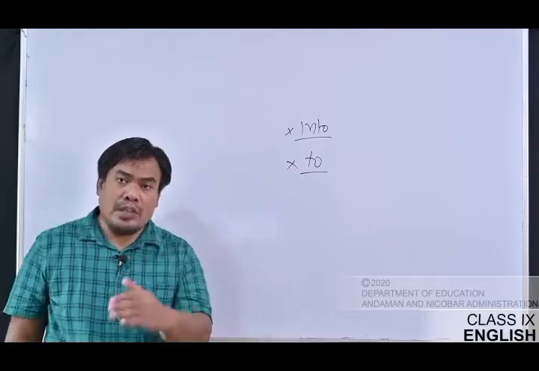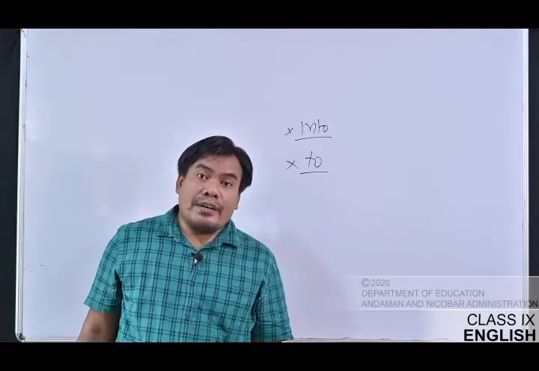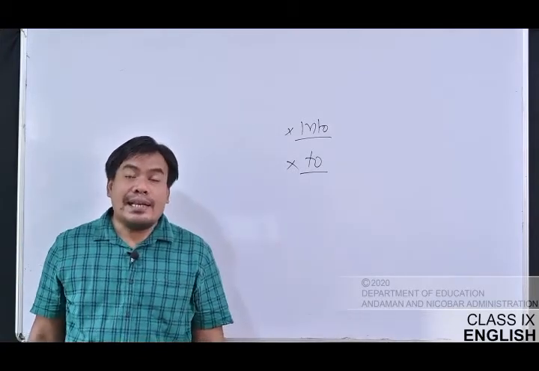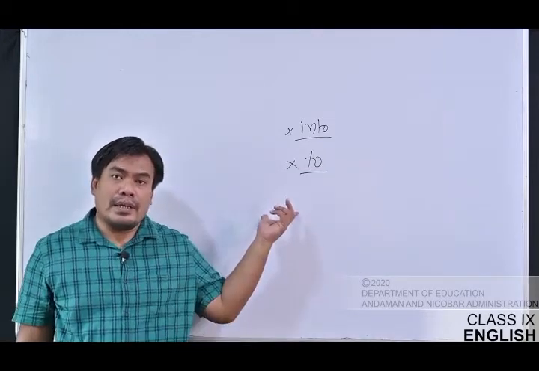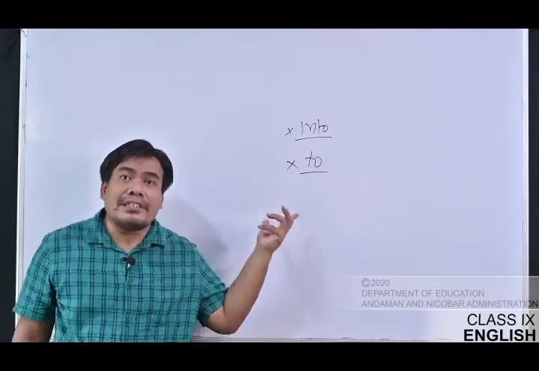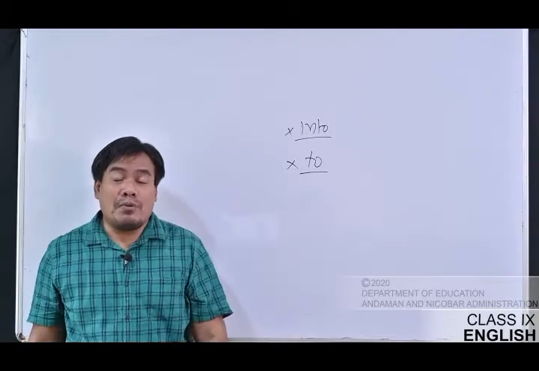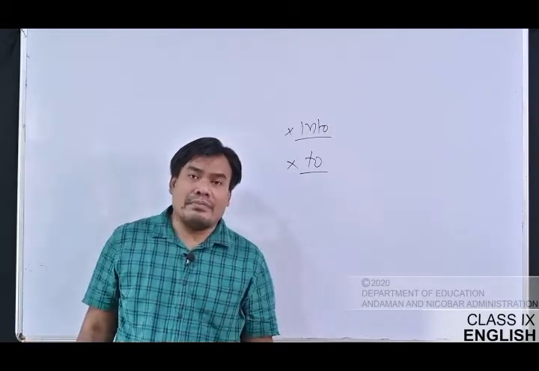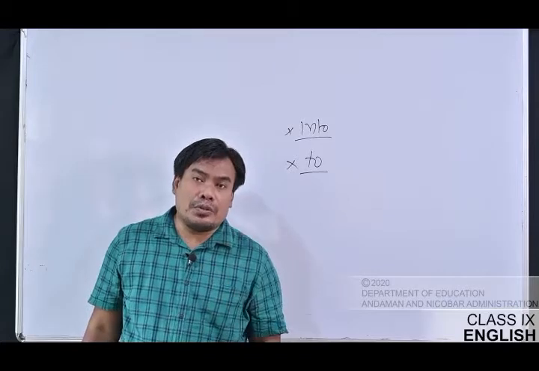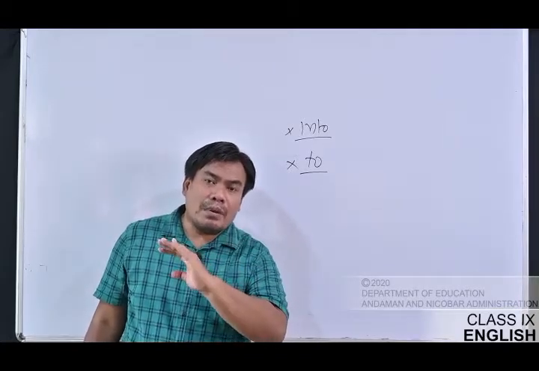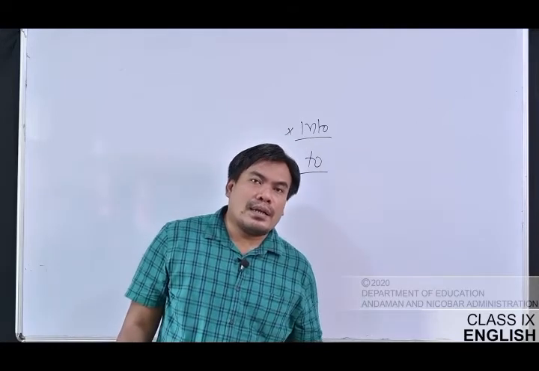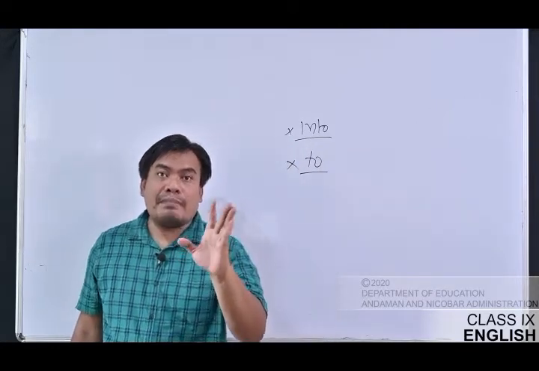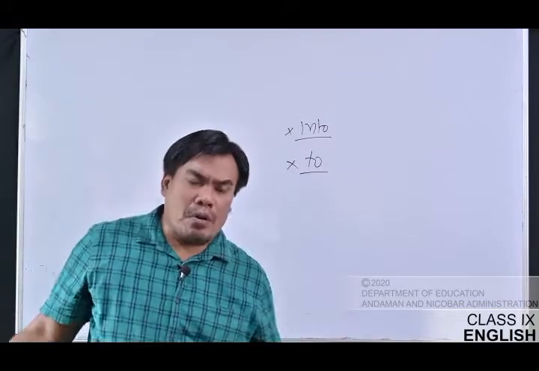Preposition. The next one. I shall resign from my post. Really? What is wrong in that one? I mean, which preposition has to be removed from there? It's from. It has to be I shall resign my post. Not from my post.